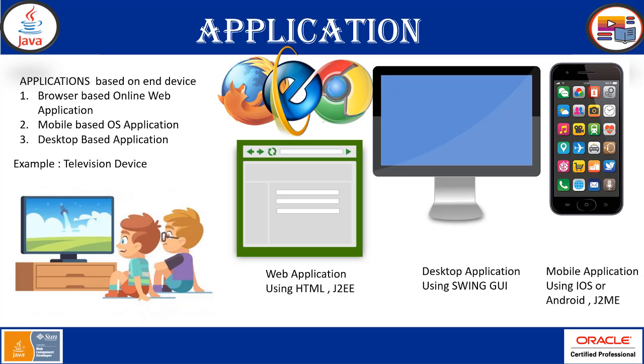To understand it in detail and better way, let's take an example of television device. A television that is a set of hardware which has some options for user to press the button and get the access of the content. For example, there is something called a remote, and that remote has some buttons that is power on and off, or increase the volume.